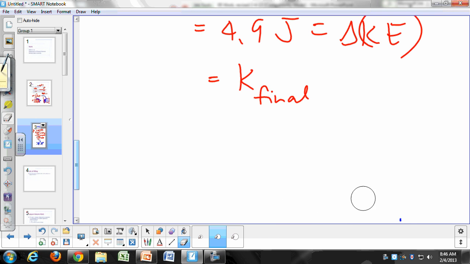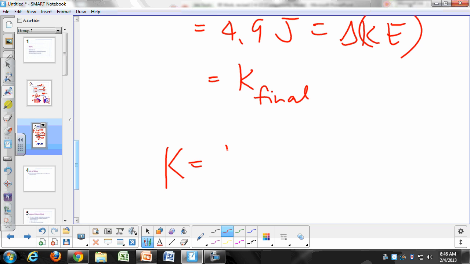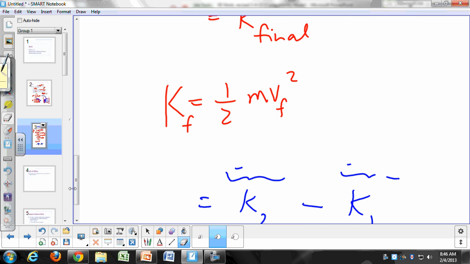So if you know your final kinetic energy, can you calculate your final speed? Kinetic energy equals 1 half mv squared. Right, so v final squared times 1 half m will give you the final kinetic energy.